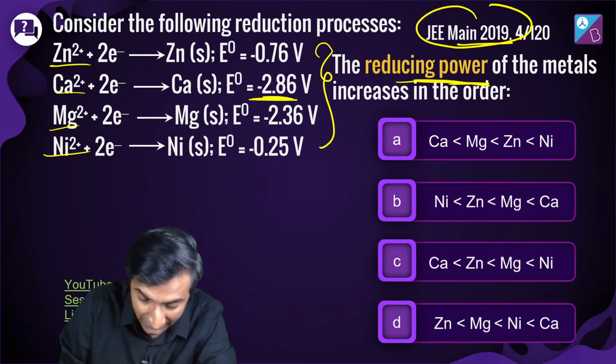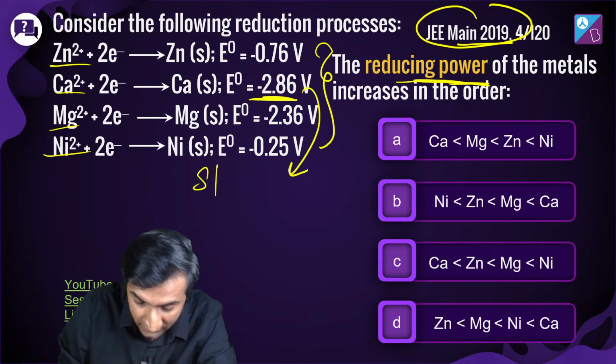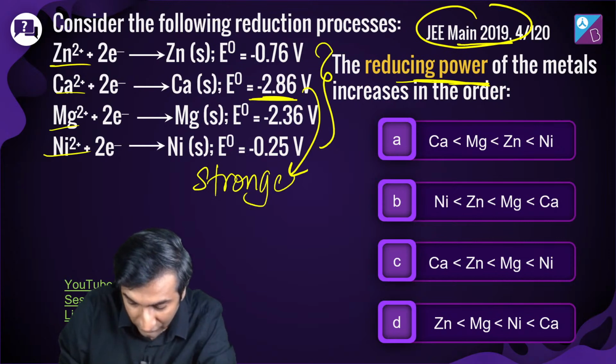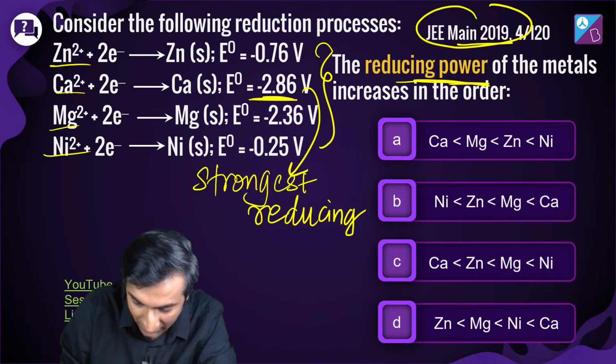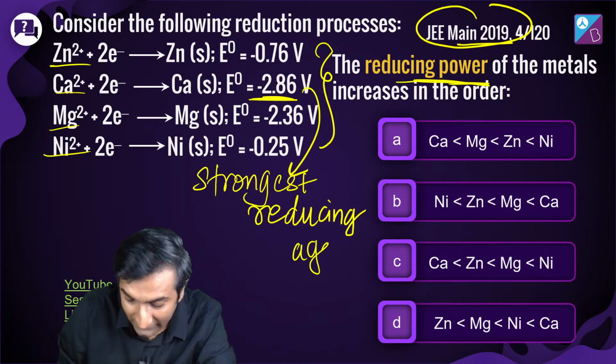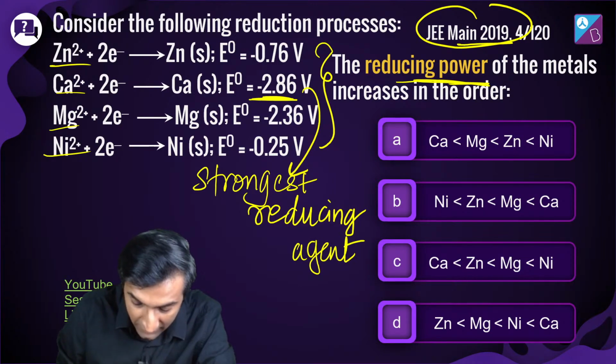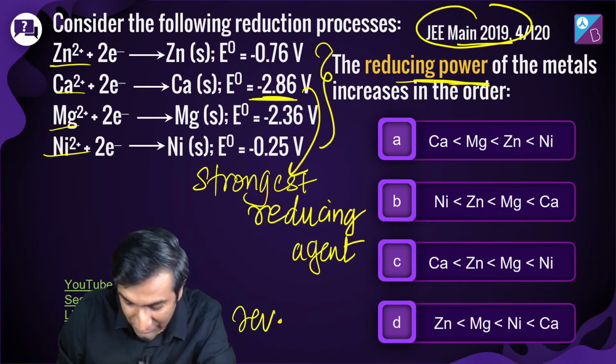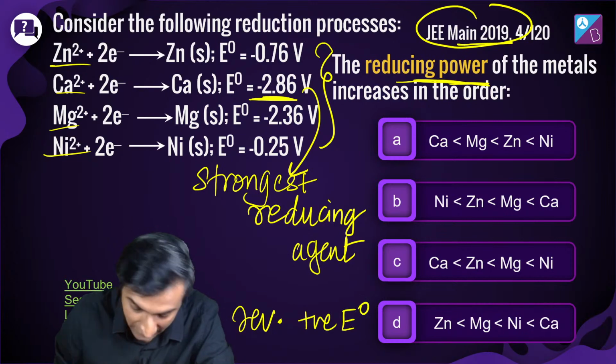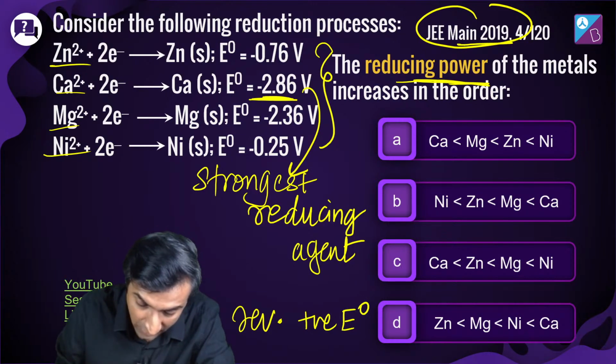This is the most negative, so this is the strongest reducing agent. I am writing very slowly so that this sinks into your mind. Why is it the strongest reducing agent? Because the reverse of that reaction has a positive E0 value. What does that mean?